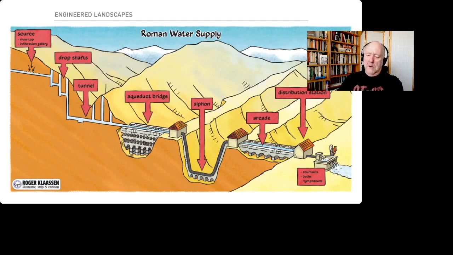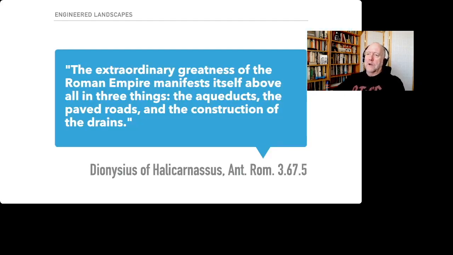They had very few environmental pollutants, such as feces and leaf litter and all that sort of stuff. So the water was very pure, and it was one of the things that even in antiquity Rome was regarded as famous for.